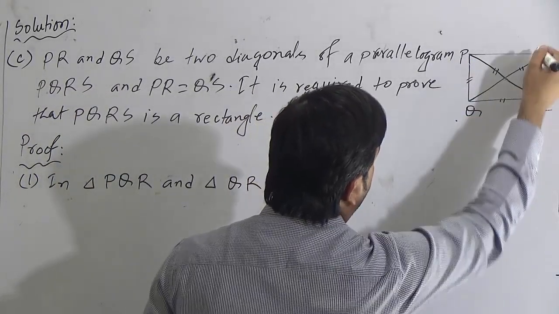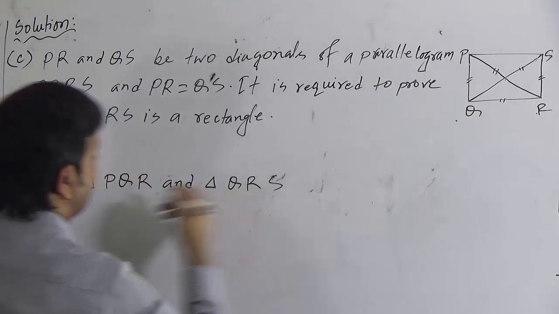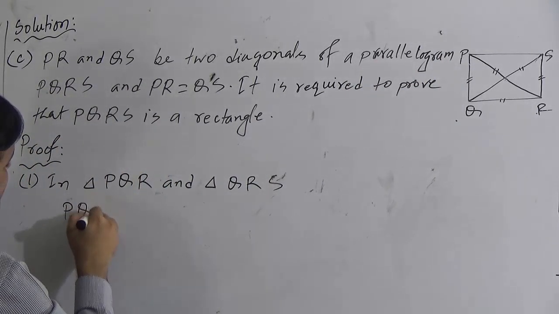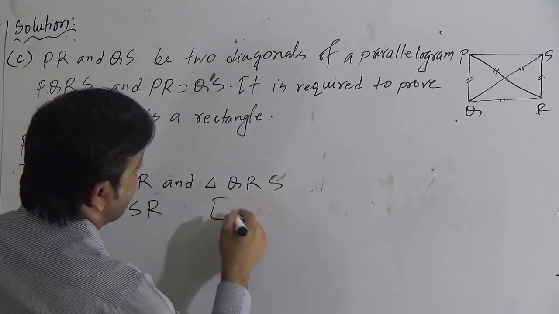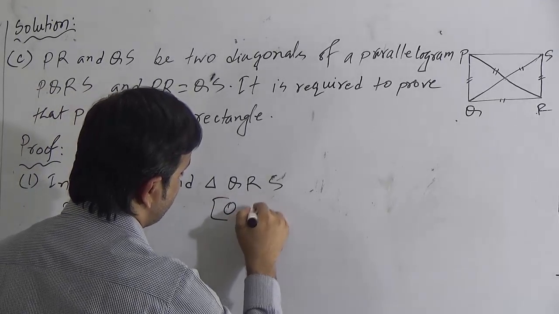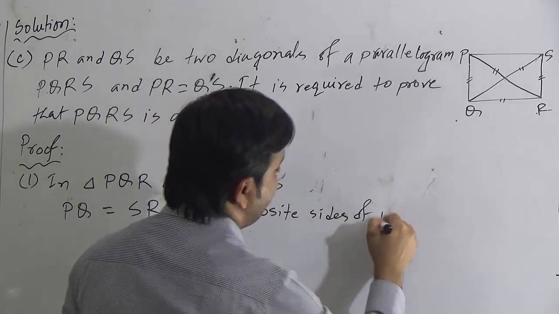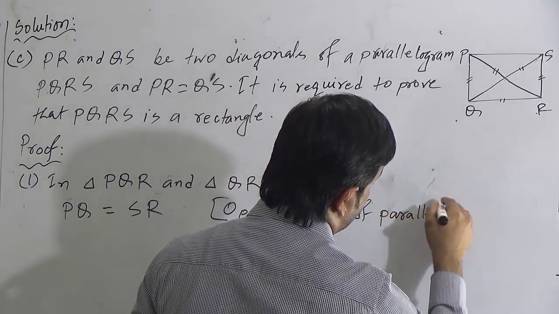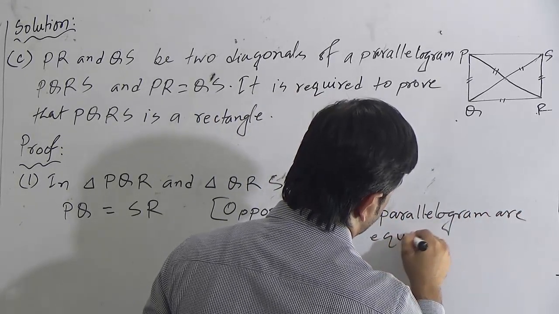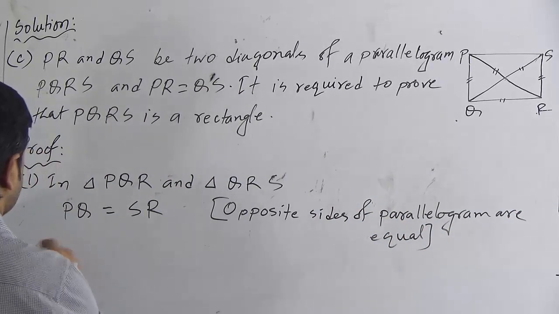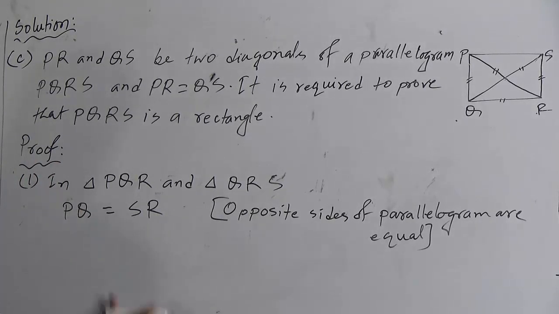PQR and QRS. If we compare these two triangles here, we will get PQ equal to SR. Opposite sides of a parallelogram are equal. Sorry, no need to write step 2, just step 1.